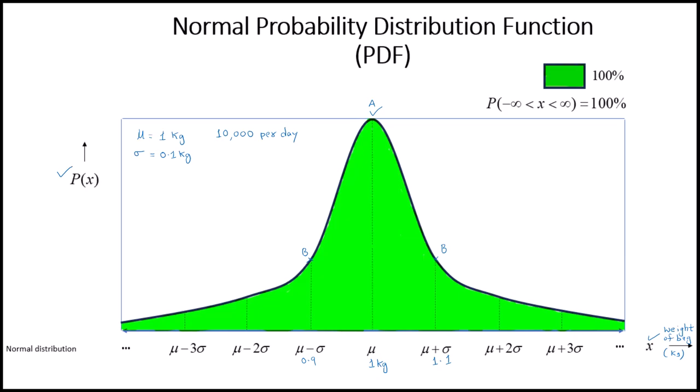Further, if we extend the logic, mu plus 2 sigma can be represented as 1.2 kg.